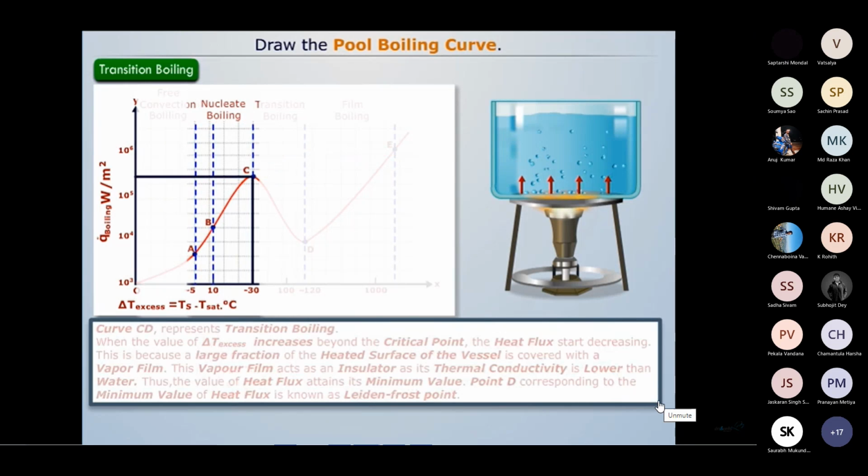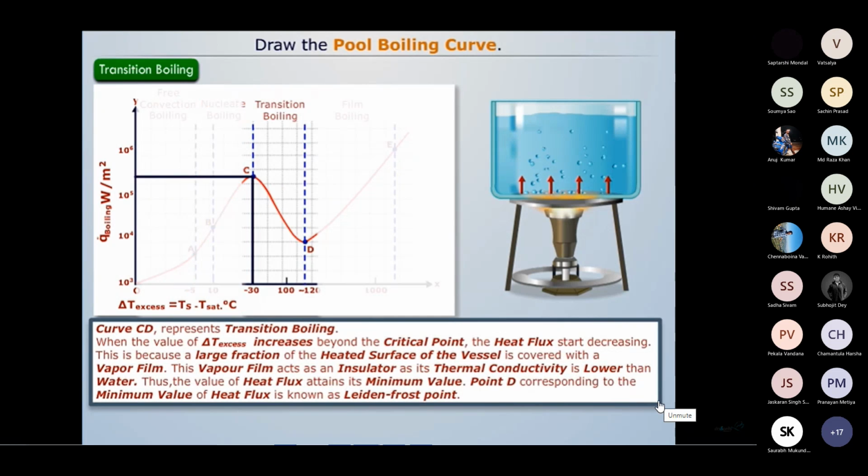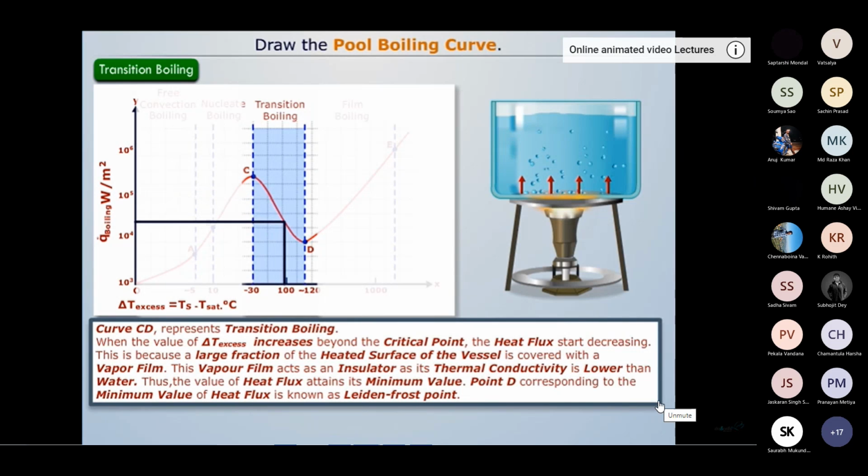Curve CD represents transition boiling. When the value of delta T excess increases beyond the critical point, we see that the heat flux starts decreasing. This is because a large fraction of the heated surface of the vessel is covered with a vapor film. This vapor film acts as an insulator as its thermal conductivity is lower than that of water.